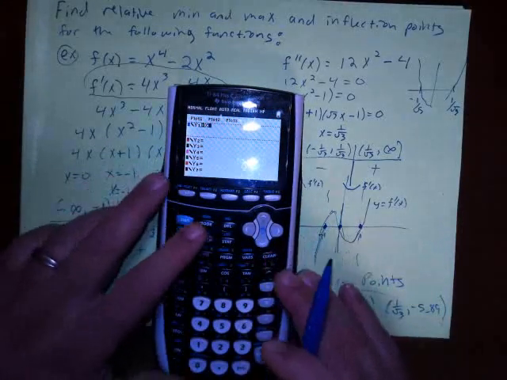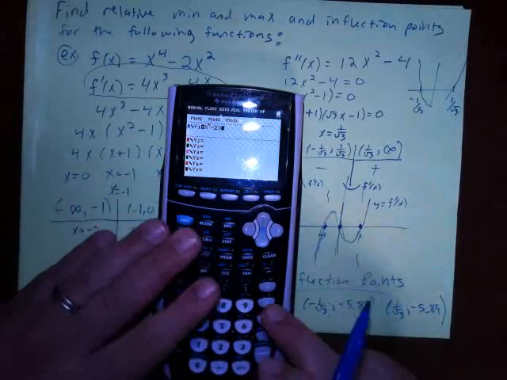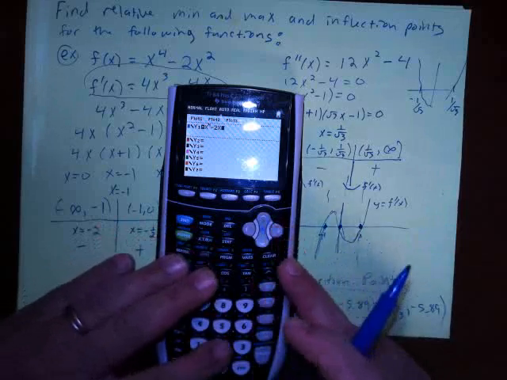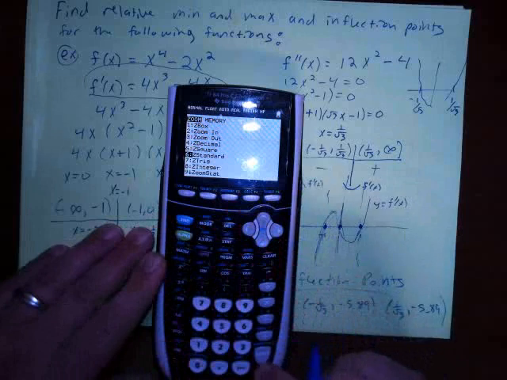So I got x to the 4th minus 2x squared, and then I'm going to do maybe a regular window.